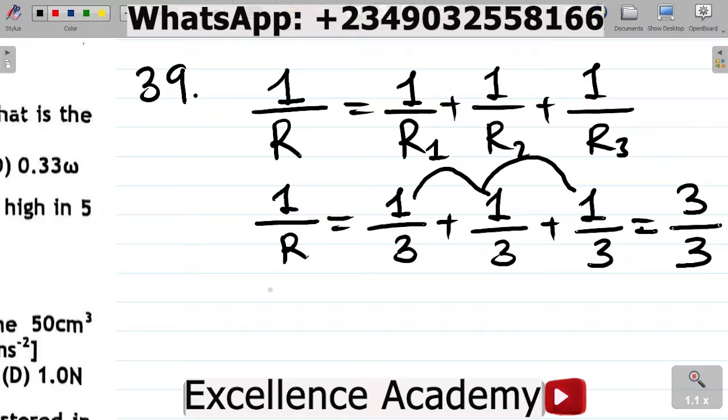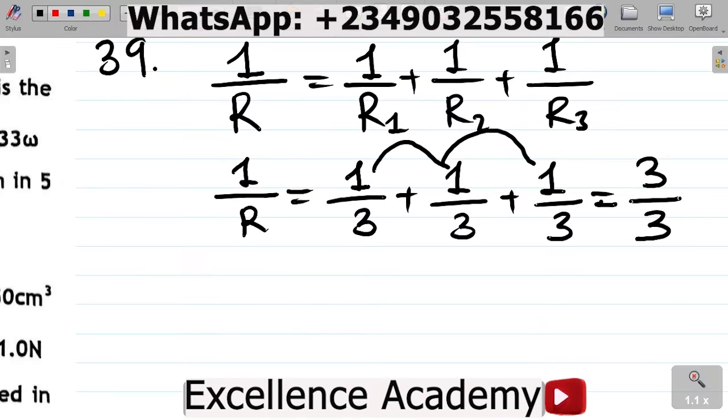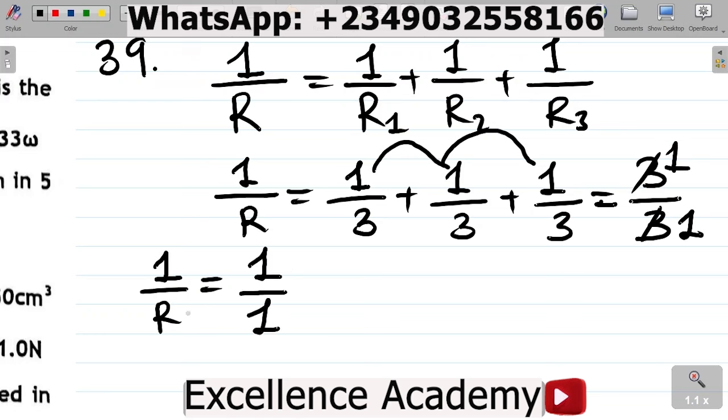So I have 1 over R is equal to 3 over 3. From here, 3 cancels 3, so 1 over R is equal to 1 over 1.